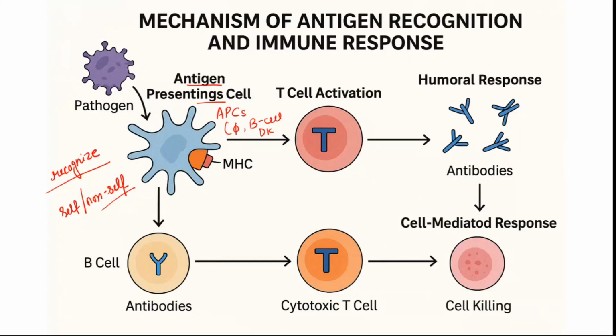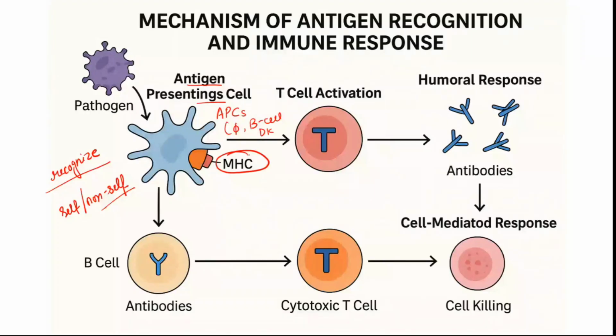What they do is take the pathogen and process it along with the MHC. We have different kinds of MHC, MHC 1, 2, and 3. So APCs along with the MHC process the antigen and offer it to the B cell, because B cell is the only cell which will differentiate into plasma and effector cells, and they will then synthesize the antibodies. So this is the first way.